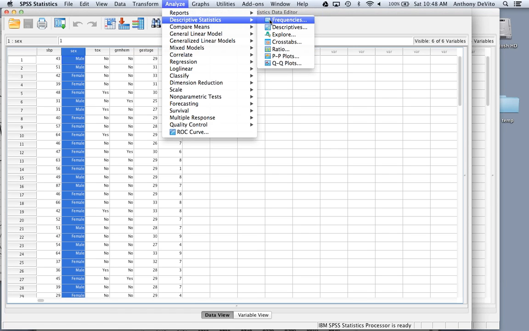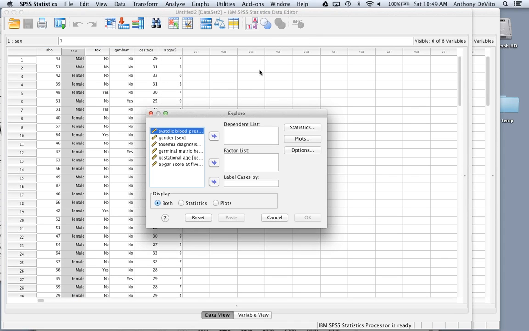Not really what we're being asked here, right? Descriptive statistics gives mean, standard deviation, and so on, but usually that means looking at the data as one block, combining males and females into one group. If I really want to separate males and females, and I want to find some more extensive statistics, I have to go into Explore. I'm going to click Explore.